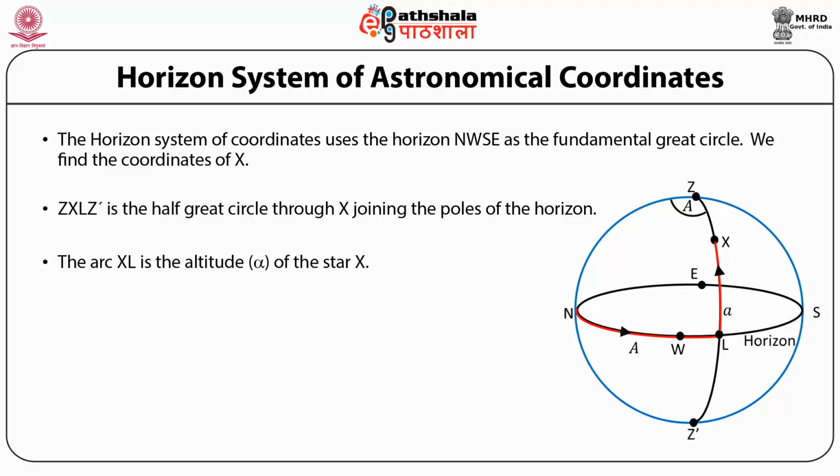Therefore the arc ZL is 90 degrees. Since LX is a, the altitude, ZX is 90 minus a, which is also called the zenith distance of the celestial object. The other coordinate is the arc NL, which is called the azimuth, denoted by capital A.